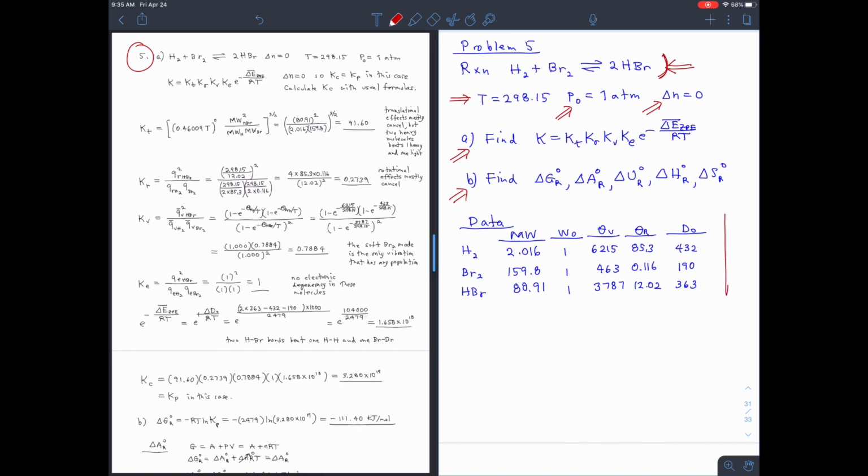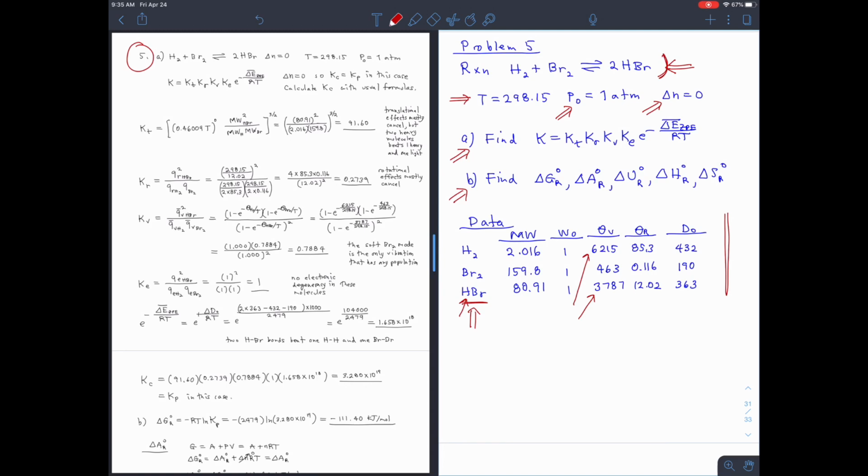As before, we'll need data, a little bit more data this time, because there's 3 different kinds of molecules, and they all have vibrations and rotations. It's useful to look at some of these numbers. Of course, the very high vibrational temperature for H2 means that the vibrations basically don't do anything. There's also a very high vibrational temperature for HBr, because it's got this hydrogen on there.